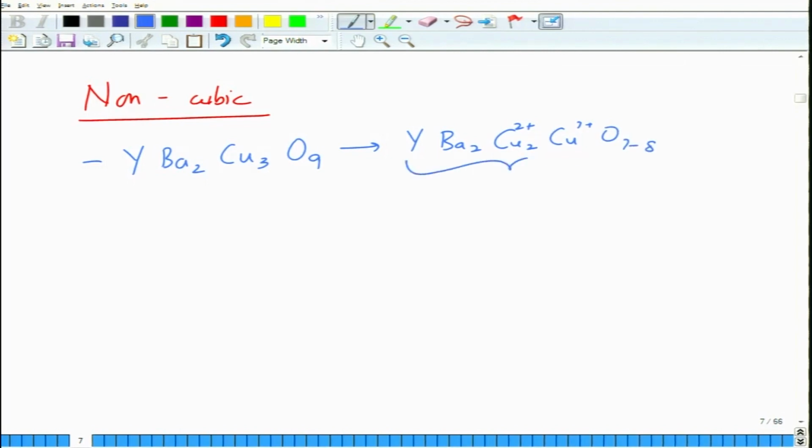So, this is the superconductor, this contains perovskite units. Then you have La1 minus x Srx CuO4, this is again a superconductor. So, these are superconductors.